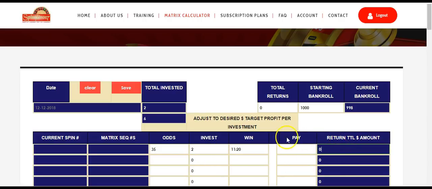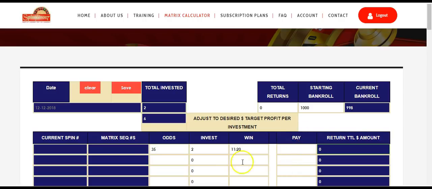So we're not going to worry about the pay column with any of our systems. People use this mostly if they're playing single number situations, or black or red with even money odds, which we obviously don't sanction. None of our systems have black or red, or any odds less than 11 to 1. Or if you're playing sports or whatever the case may be, use the pay column.